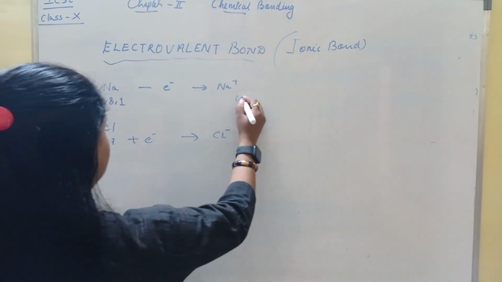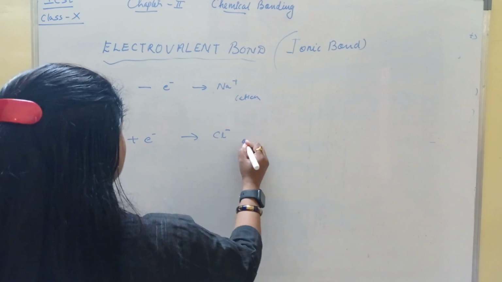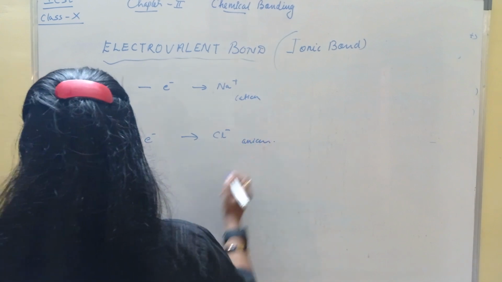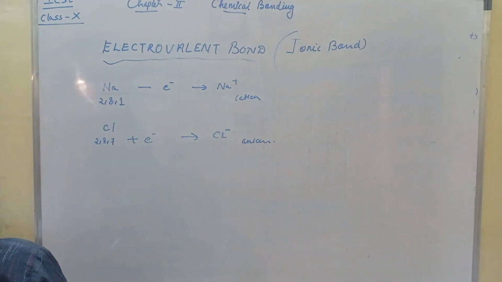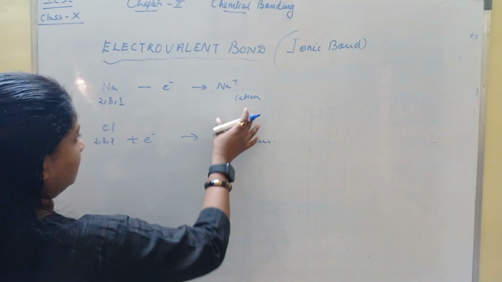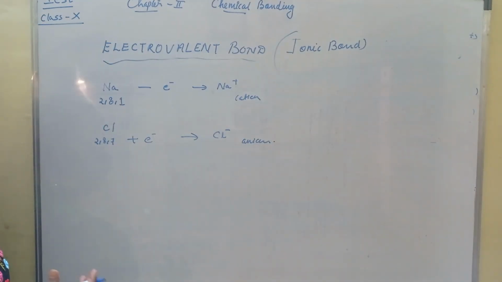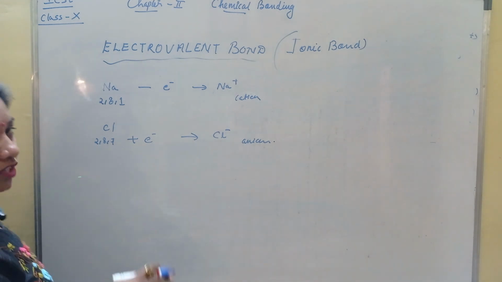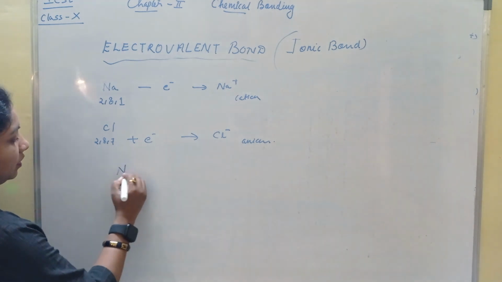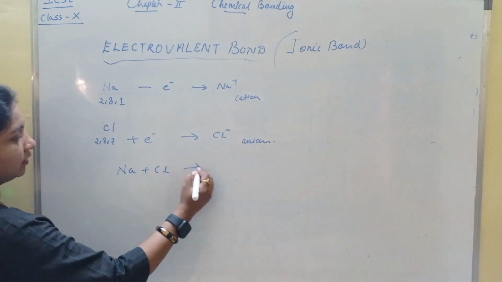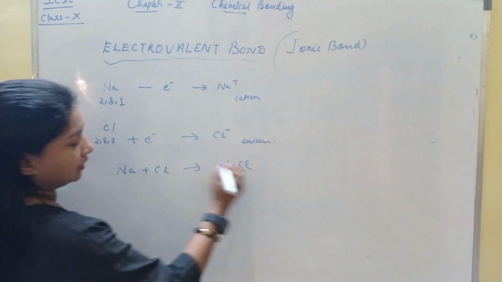So this is cation, this is anion. And during this combination, an electrostatic force of attraction develops between them and they form electrovalent bond. We'll see the Lewis dot structure also. क्या होगा? Na plus Cl gives NaCl.